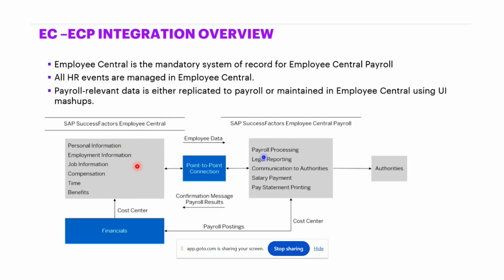All over the world, every country has its own. If I give you a UK example, we have HMRC and national insurance. These are the two authorities for tax and national insurance. After your payroll is processed, your data needs to flow to HMRC and national insurance.